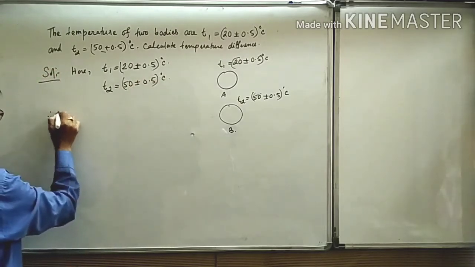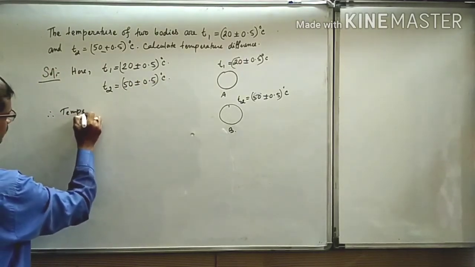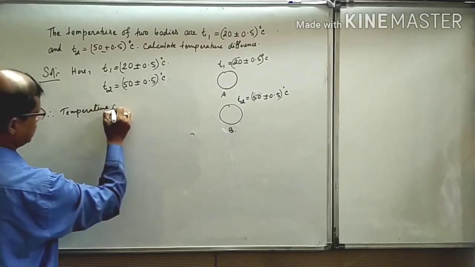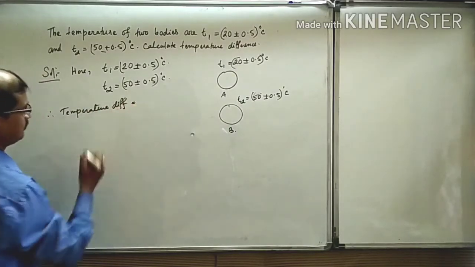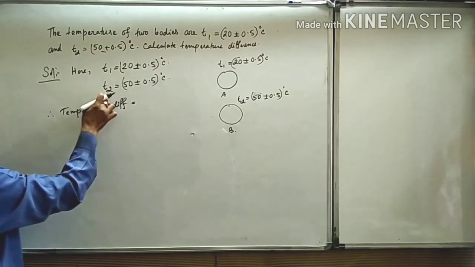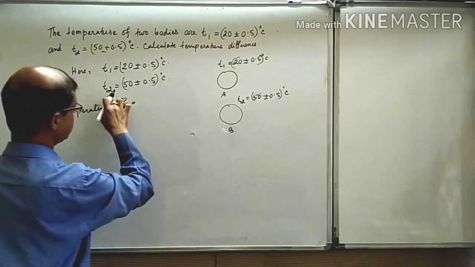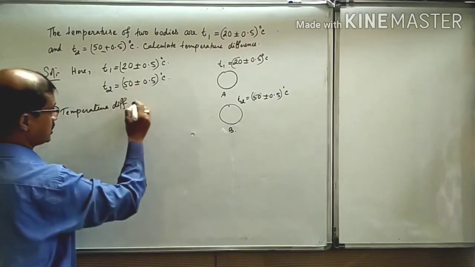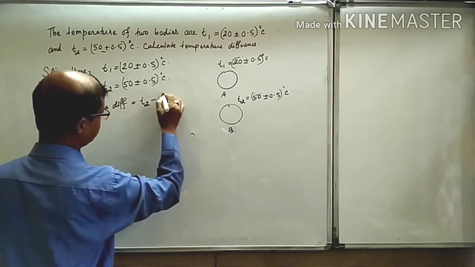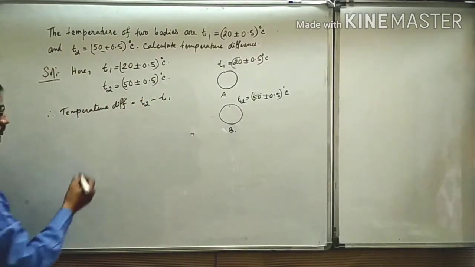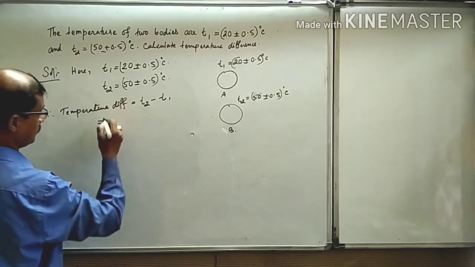T2 is greater than T1, because here there is 50 and here 20, so you have to subtract T1 from T2, so T2 minus T1.